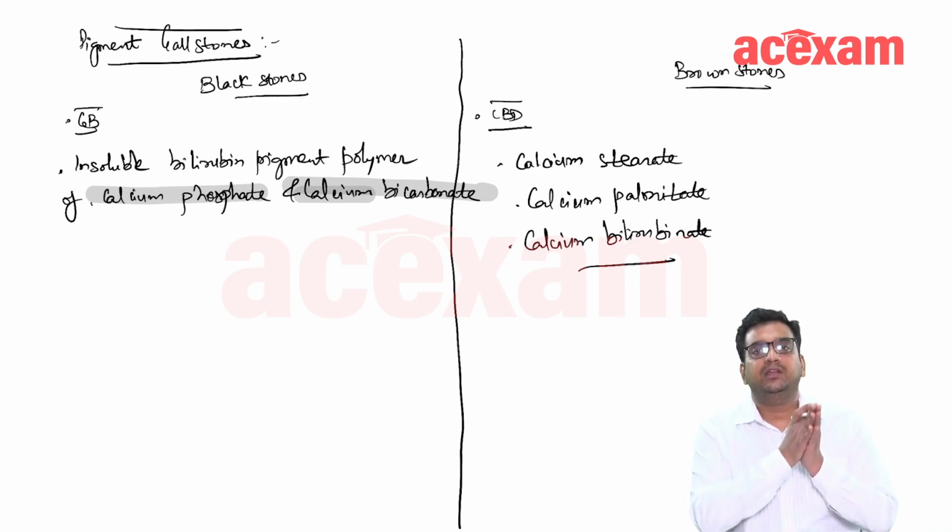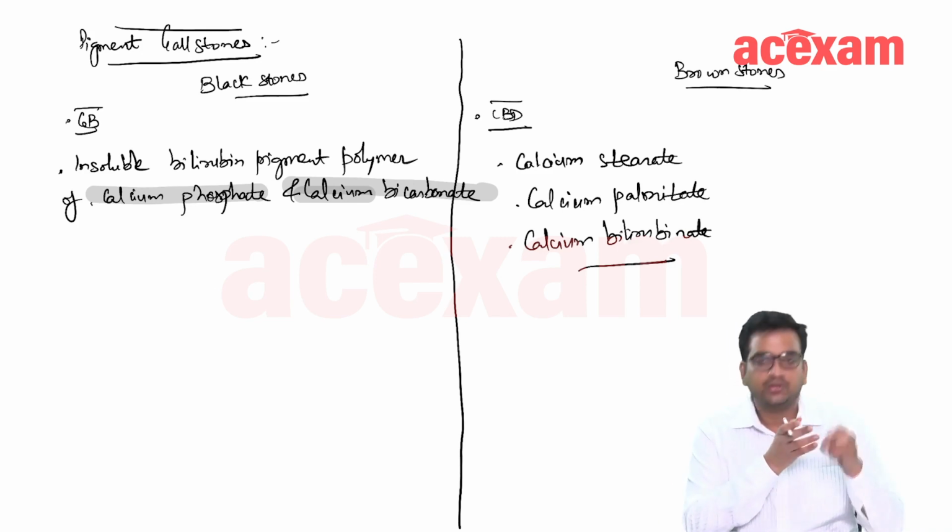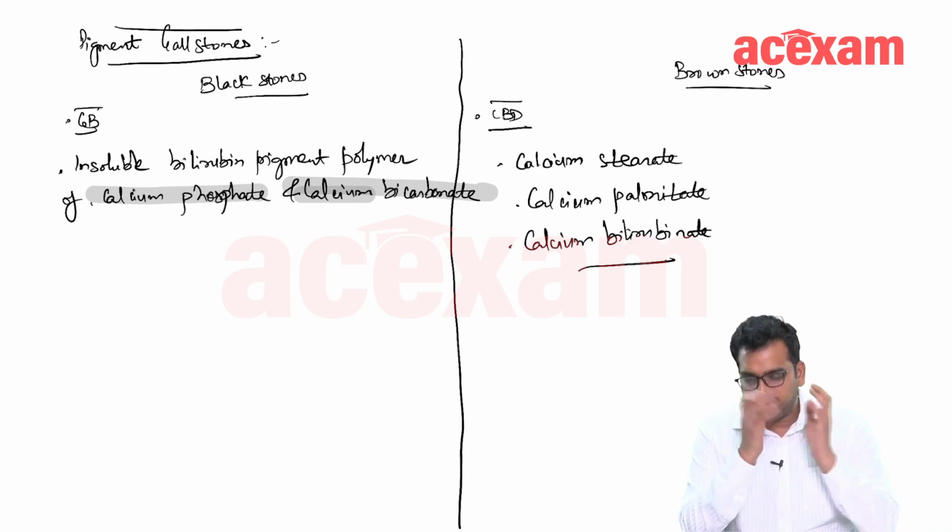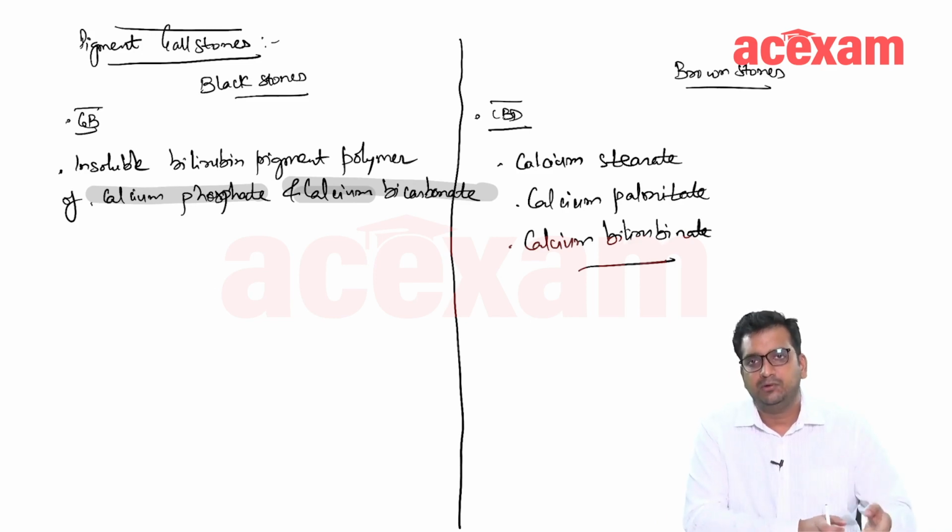So black stones are insoluble polymers of calcium phosphate and bicarbonate, whereas the brown stones are of calcium bilirubinate, calcium stearate, and calcium palmitate.